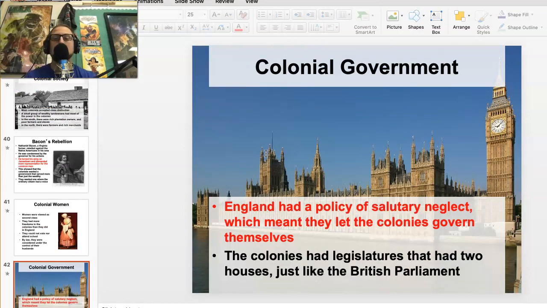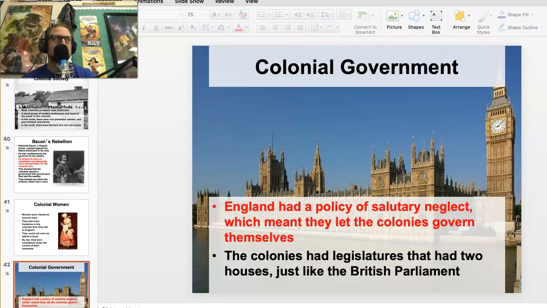England had started to practice a policy of salutary neglect toward the colonies. The colonies were making them so much money that the British Parliament, their government, their Congress, if you will, decided, hey, they're good. They don't need us. They're bringing in tons of tax money. Let them keep doing their thing.